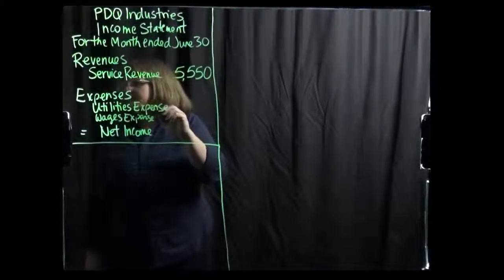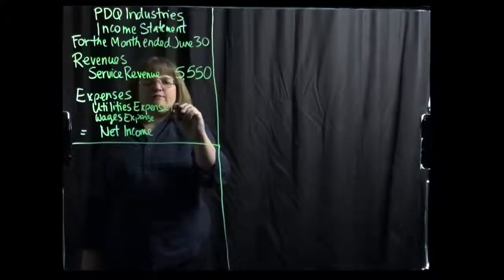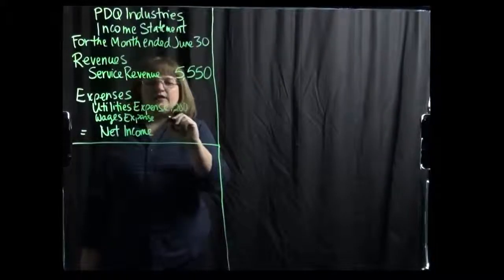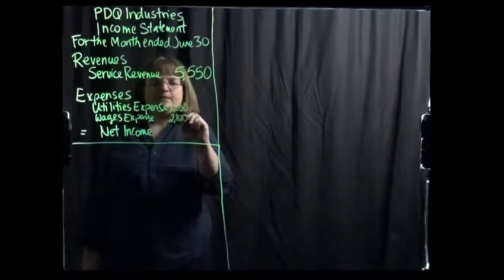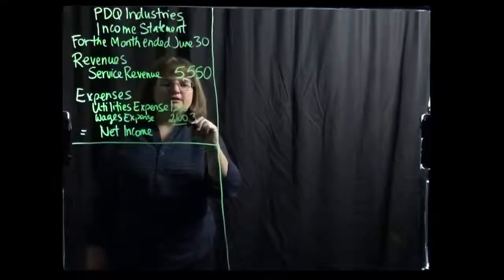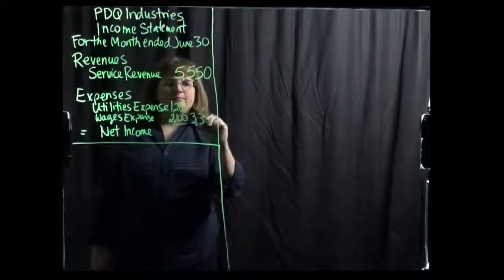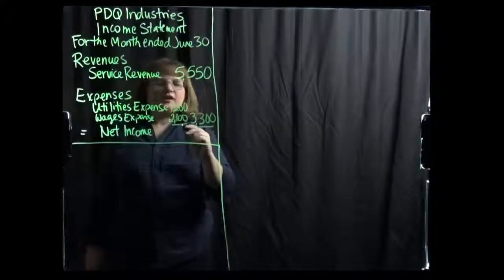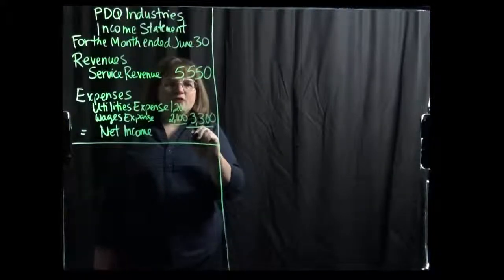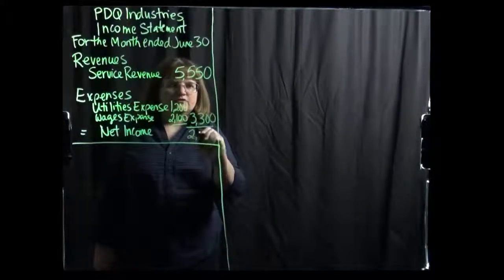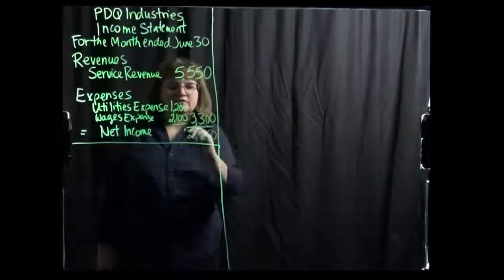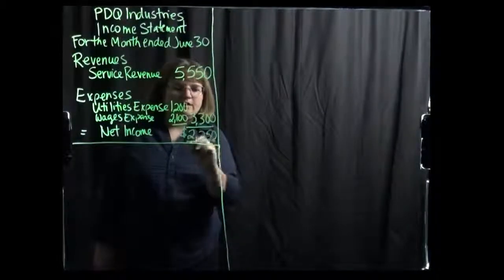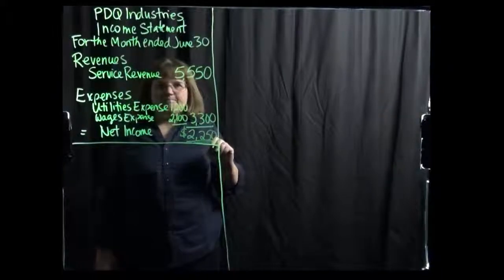The utilities expense in this case is $1,200 and the wages are $2,100, giving us a total expenses of $3,300. If we then take the revenues of $5,500 and subtract the expenses of $3,300, we end up with $2,250 as our net income. And that's our income statement.